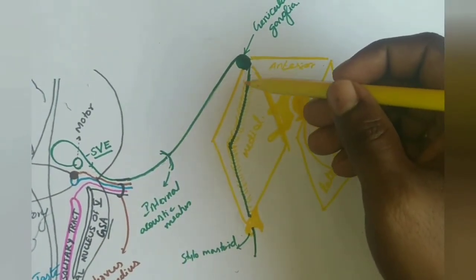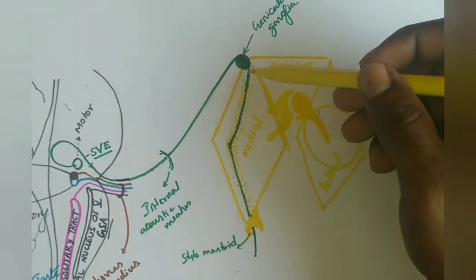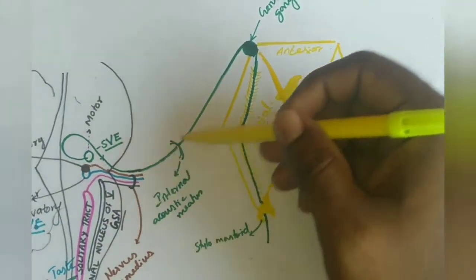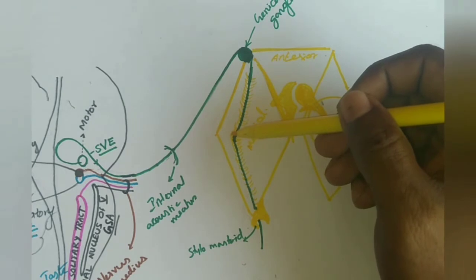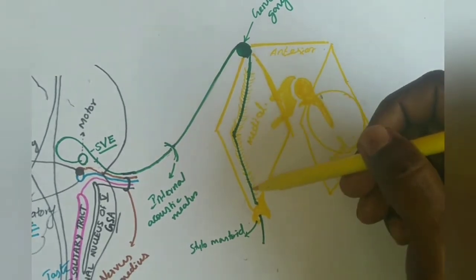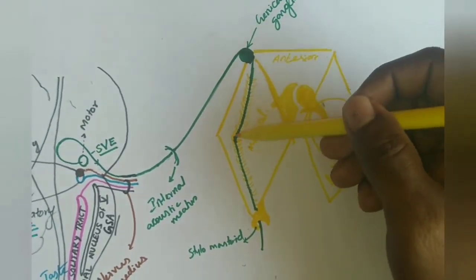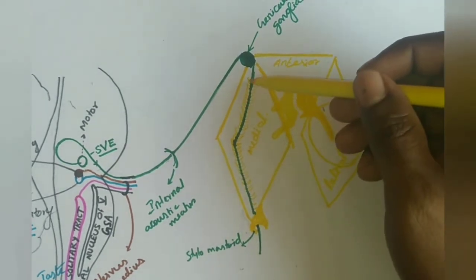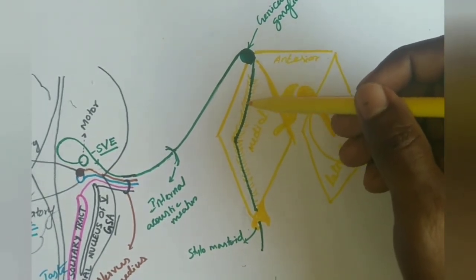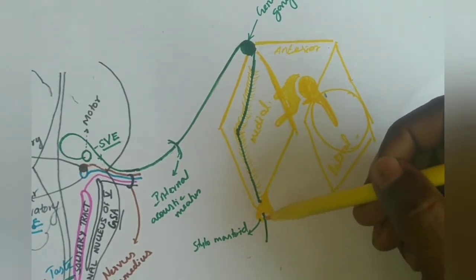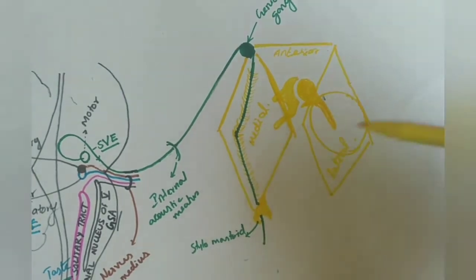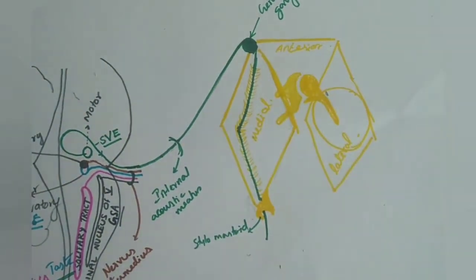Through the superior aspect of the medial wall, the nerve will be passing posteriorly. Once it reaches the postero-superior angle, it descends down. So the entire course of the nerve in the medial wall of the middle ear is present inside a bony canal. Then it enters out through the stylomastoid foramen to emerge out of the cranial cavity.